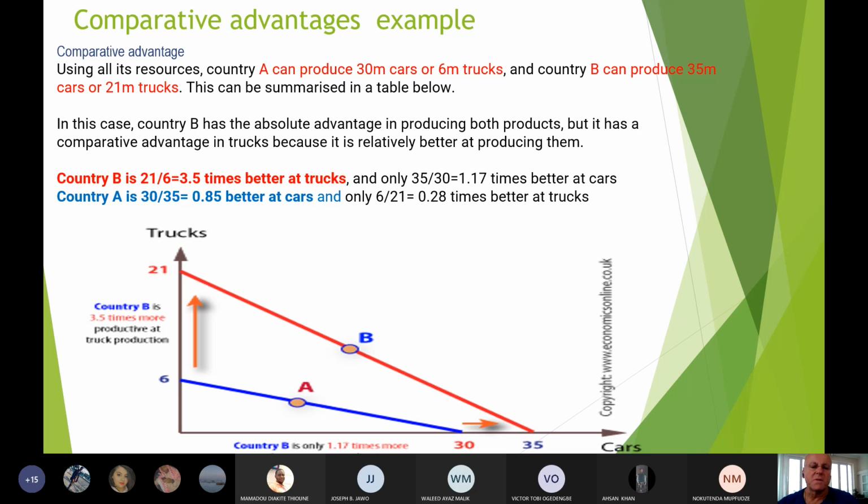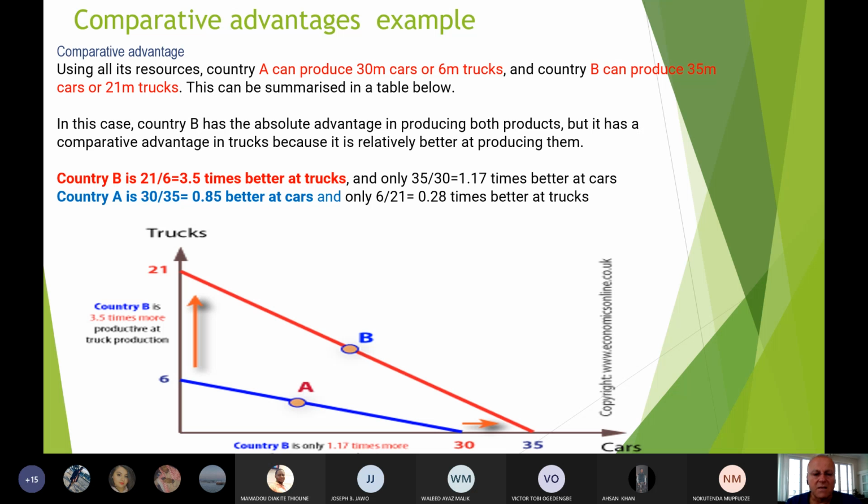And here, as you observe, when we are dividing the products capacity by each other to understand the opportunity cost, which country will become a trade partner, you have here the country B, 21 divided by 6 is going to be 3.5 for the trucks, and 35 divided by 30, 1.17 for the cars.